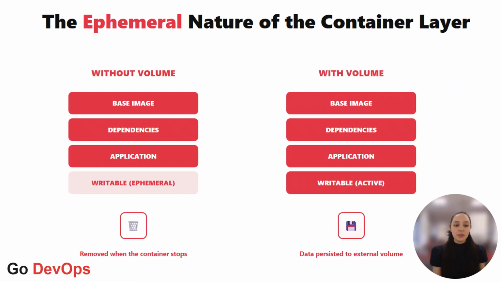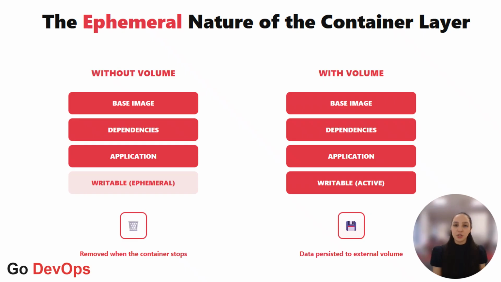So now that we've seen why this layered architecture is so powerful, let's see what happens to data inside a running container. Even though containers feel like a mini virtual machine, they really behave very differently when it comes to storage. Every container you run has its own writable layer.